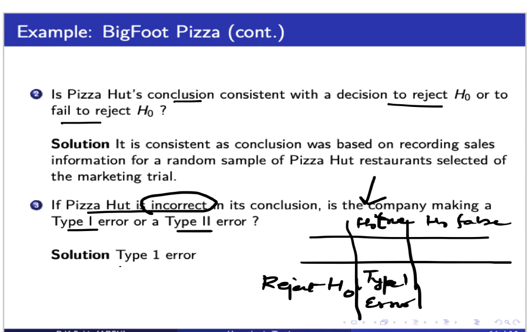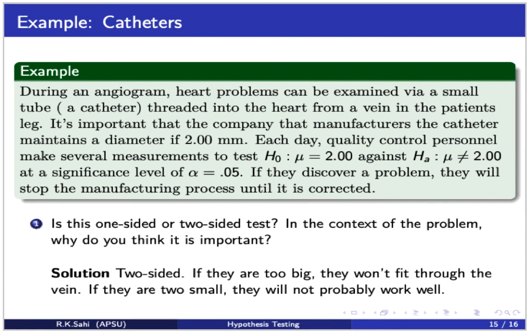One more example, guys. During an angiogram, heart problems can be examined via a small tube, a catheter, threaded into the heart from a vein in the patient's leg. It's important that the company that manufactures the catheter maintains a diameter of 2 millimeters.